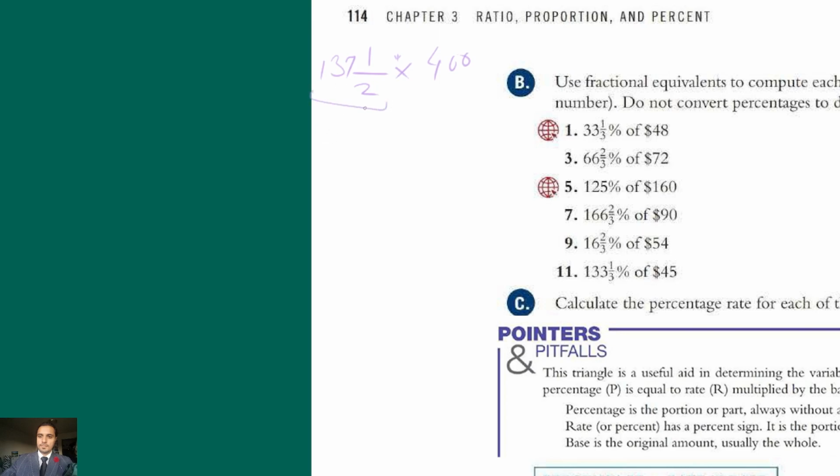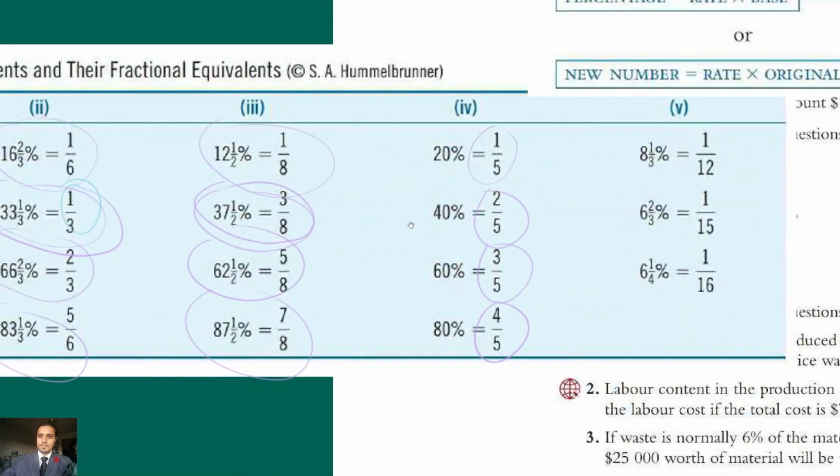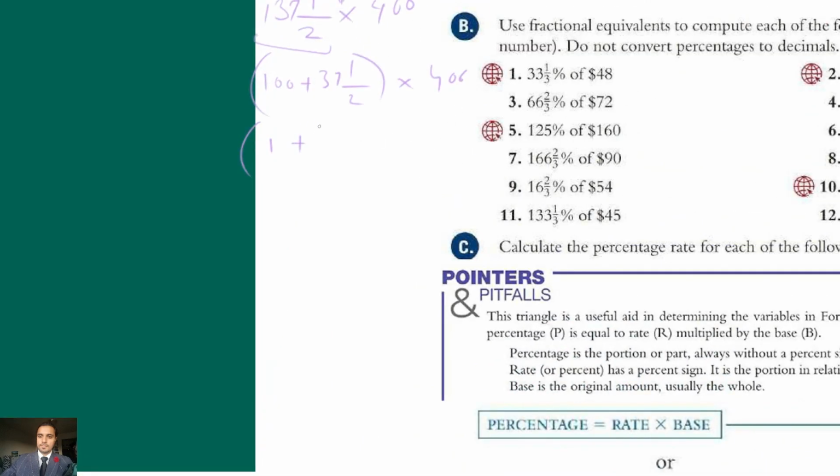We can write this as 100% plus 37 1/2%, because it's 137 1/2. So we multiply by 400. Remember, 100% is just 1, plus this 37 1/2%, which is 3/8. So we write it as 1 and 3/8 times 400.